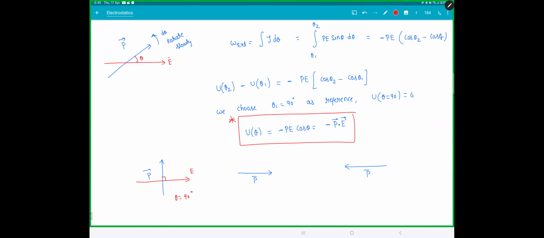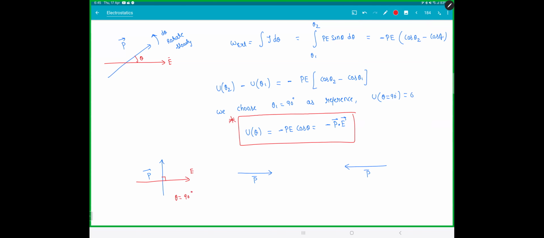If you put P and E in opposite directions, theta is 180, the potential energy is maximum, plus PE, torque is 0, but this is an unstable equilibrium. A little disturbance, and this will completely rotate. There, have a look at this picture.